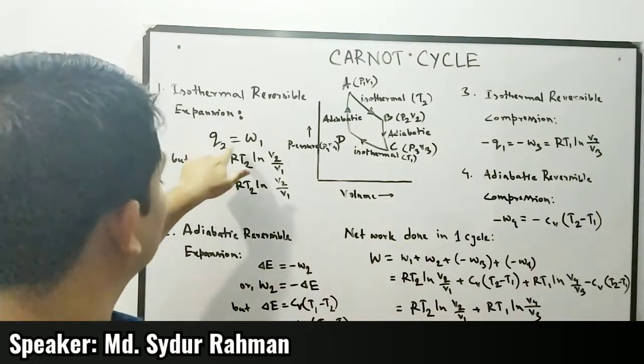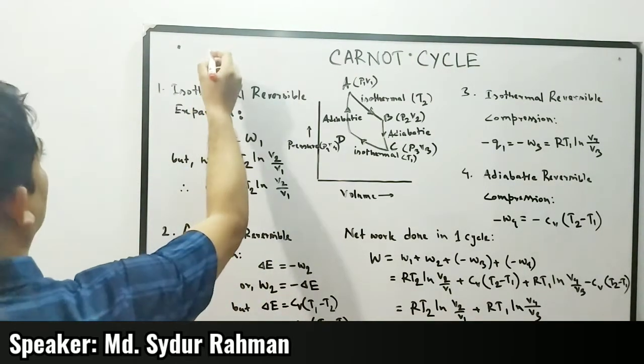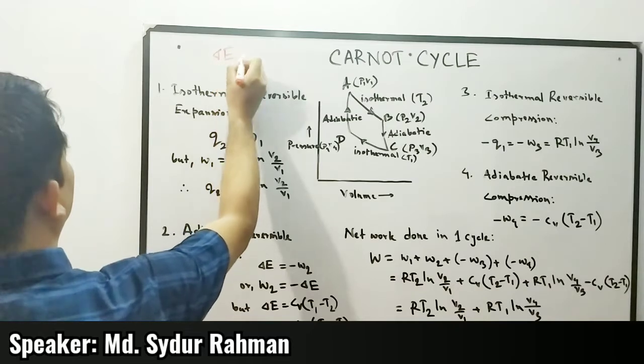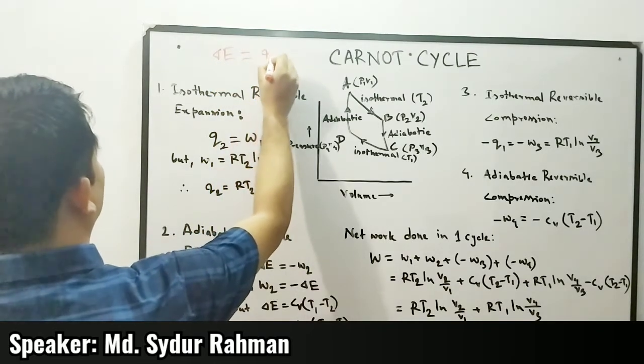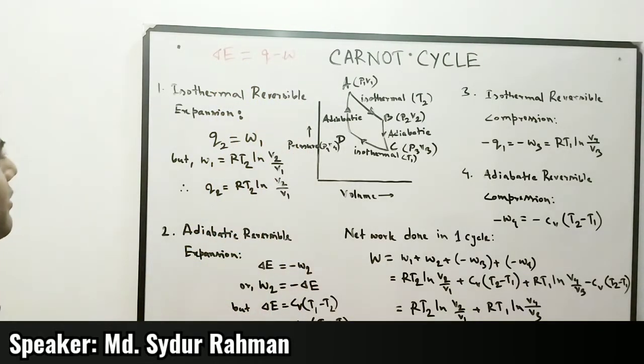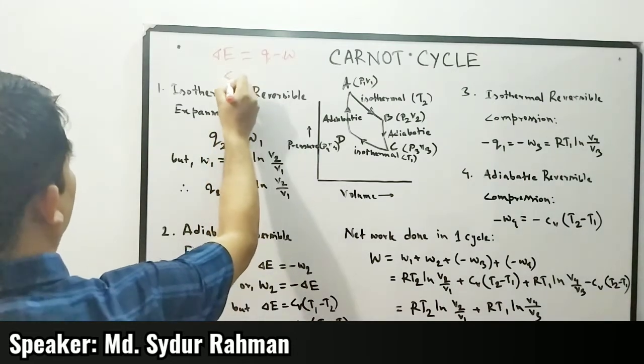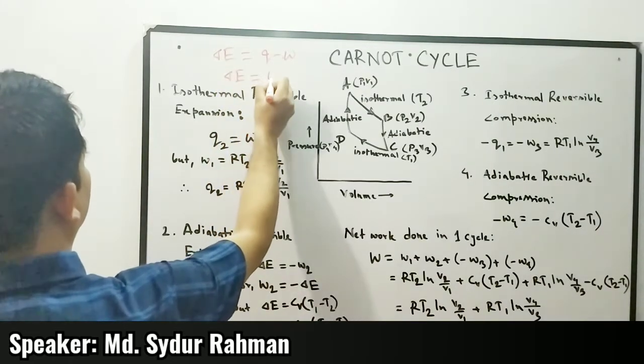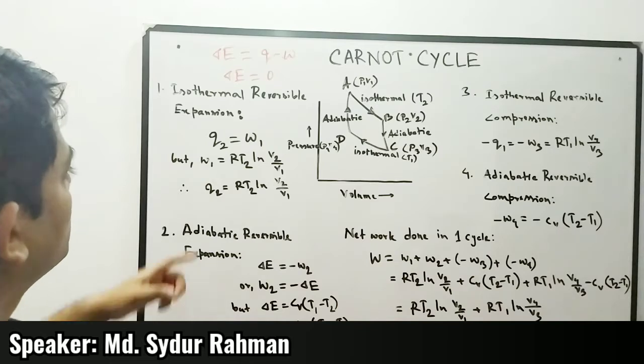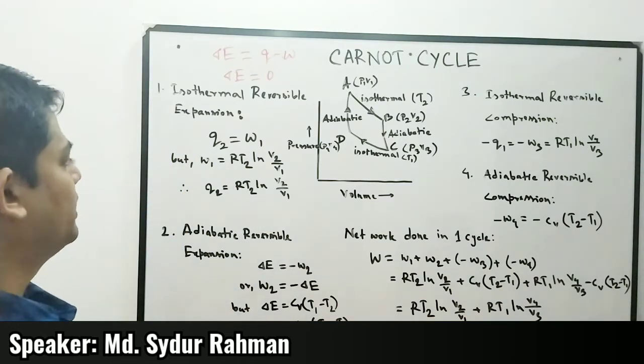This comes from the first law: ΔE = Q − W, and as the process is isothermal, ΔE = 0, so Q2 = W1.